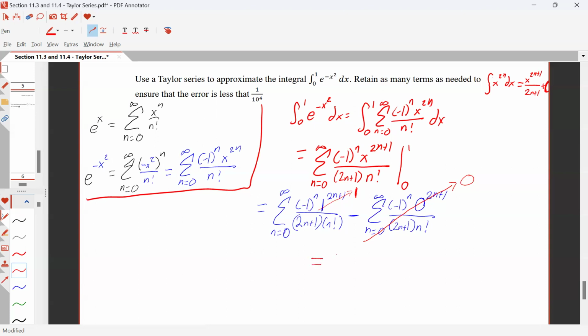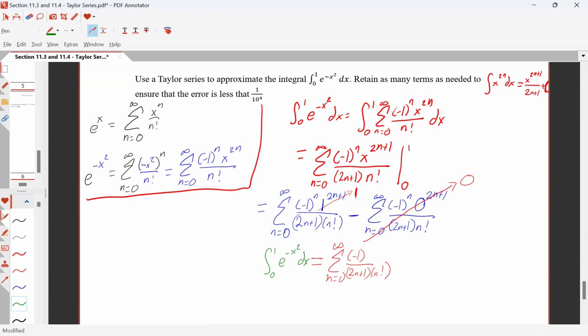Meaning we have the series n equals 0 to infinity of negative 1 to the n all over 2n plus 1 times n factorial. This is equal to, following this chain, the integral from 0 to 1 of e to the negative x squared dx. So we have taken the integral.